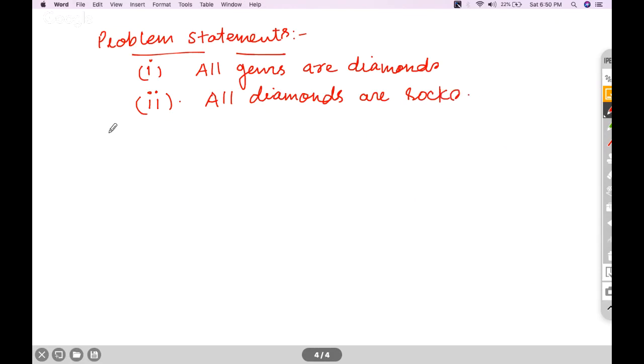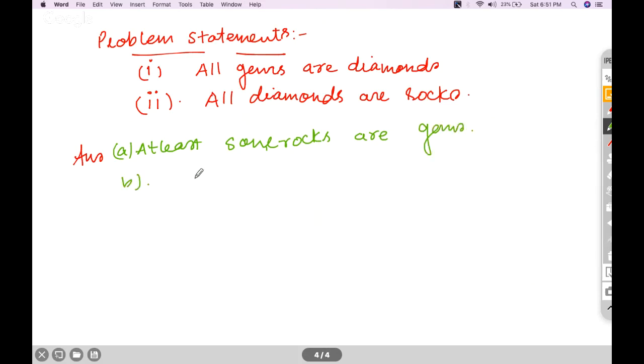And the answer statement, or you can say conclusion statement, is, first statement, at least some rocks are gems. And option B is all gems are rocks.